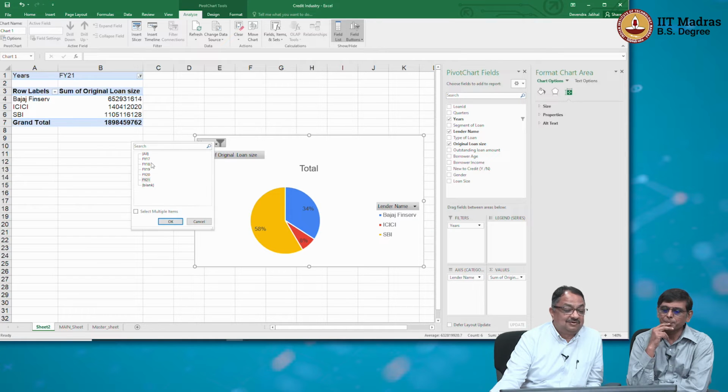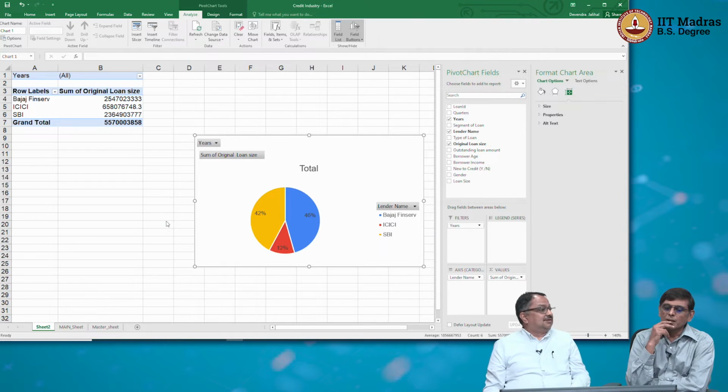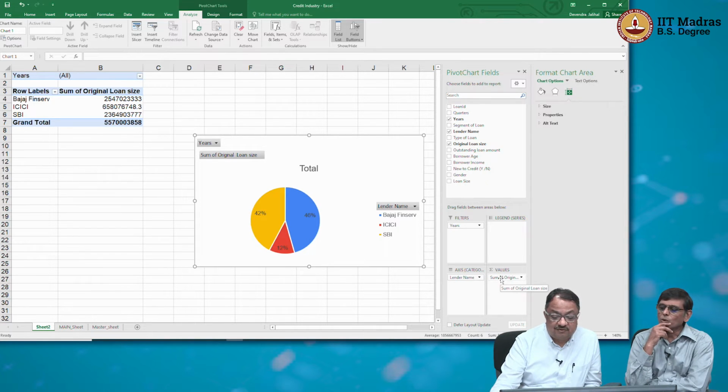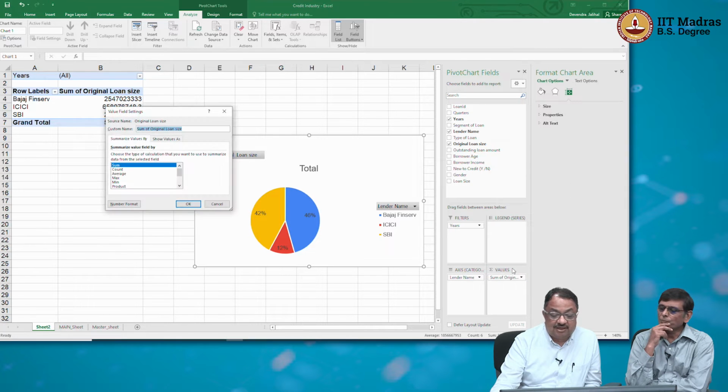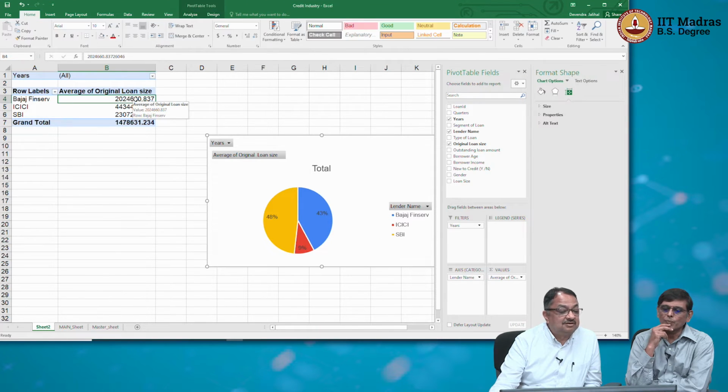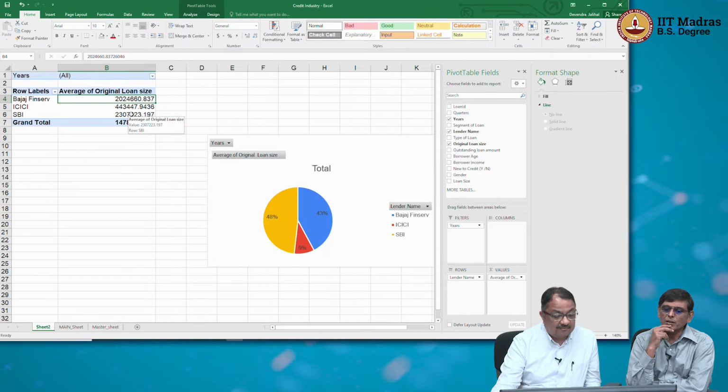Okay, so we'll select all. But average ticket size, I want to see that. I can do that. Instead of sum of original loans, I can take average. So this is the average ticket size, 2 lakhs, 20 lakhs.